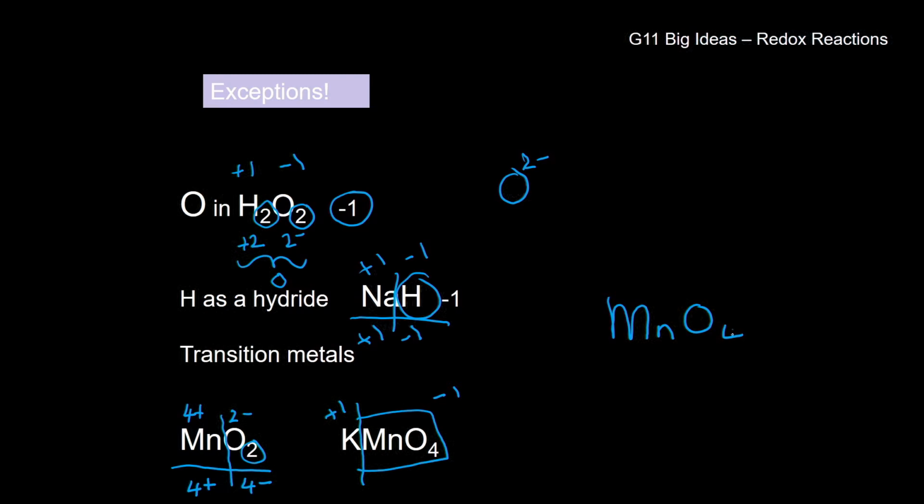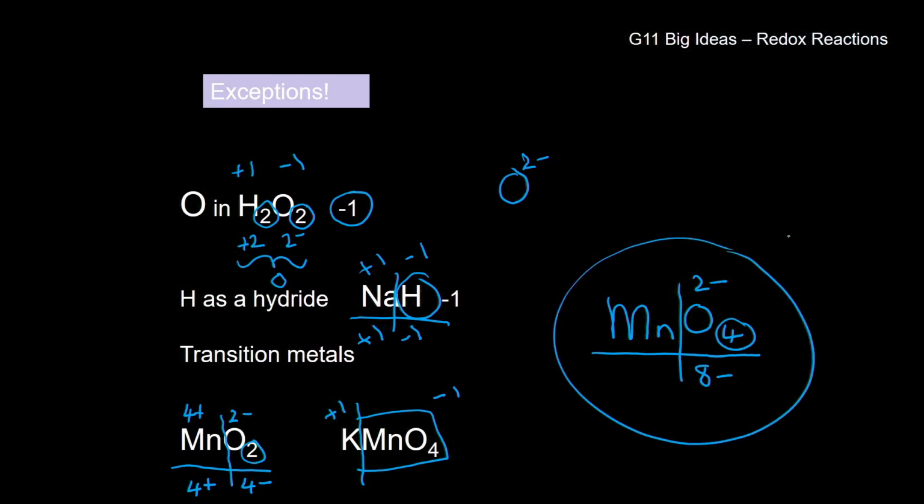I'm going to draw my lines through. Oxygen, I know, has a unit oxidation number of 2-. There are 4 of them. So what does that make my overall negative charge? It's going to be 8-. Now, I know that this whole ion has to have an overall charge of -1.